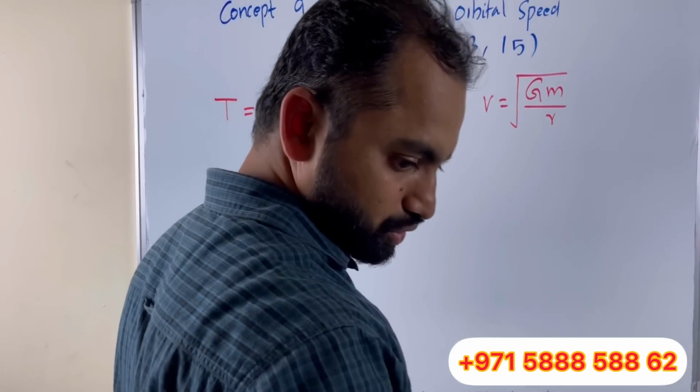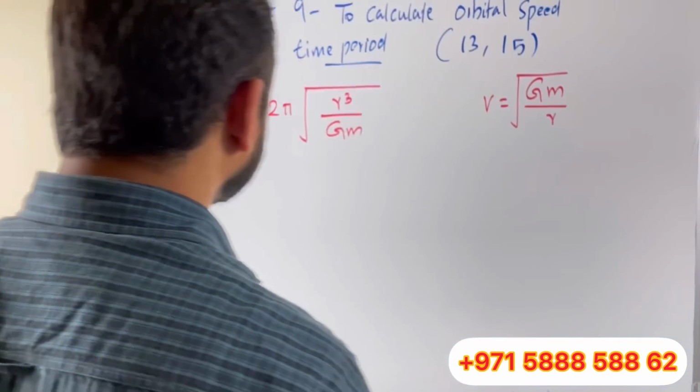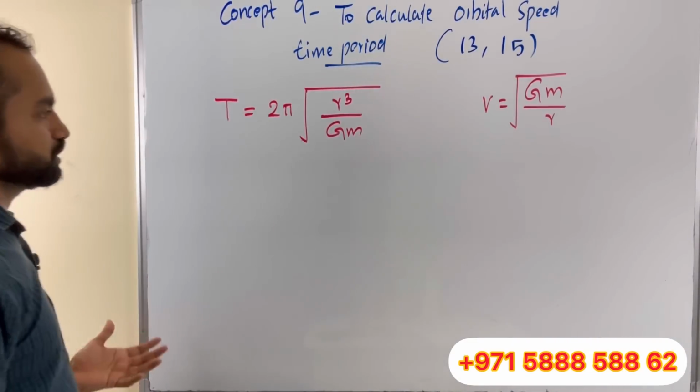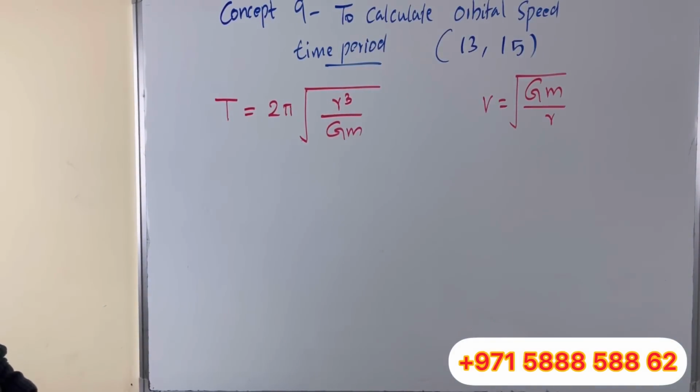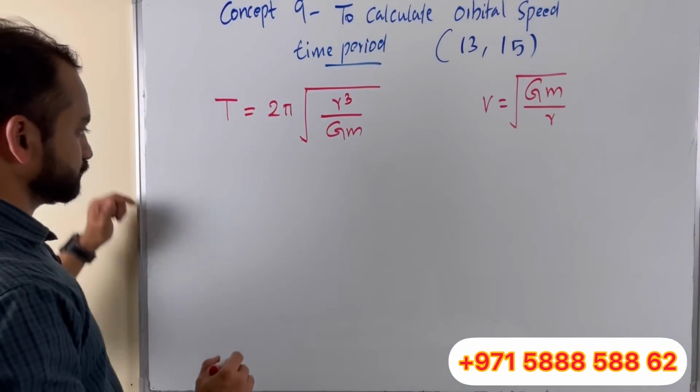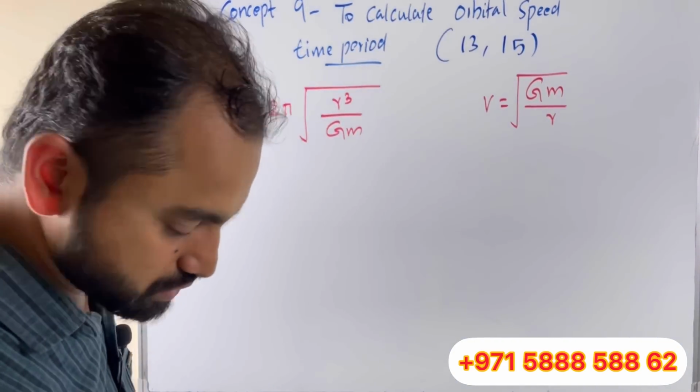So these are the two equations, right? To calculate the orbital speed, v is the square root of GM divided by r, and the time period is equal to 2 pi into the square root of r cubed over GM.